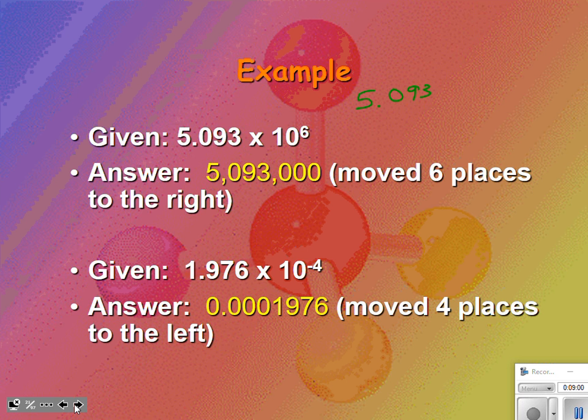It's a positive exponent, so I'm going to jump that 6 places to the right. 1, 2, 3, 4, 5, 6. I need to fill in 3 zeros. So when I clean up my number, it's going to be 5,093,000.